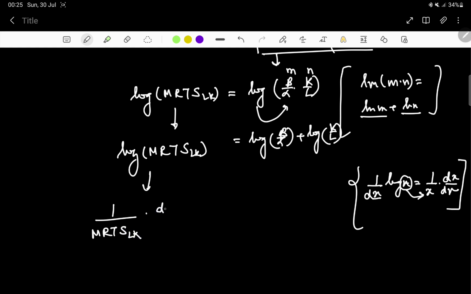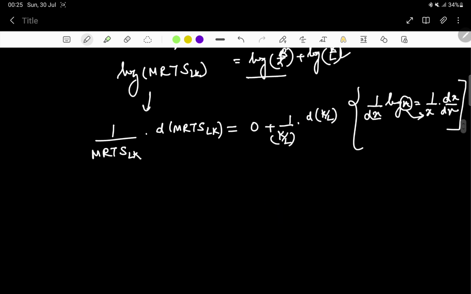into d MRTS LK is equal to, if we go to the right hand side, since it is a constant, its differentiation is 0, and for the other term we get 1 upon K by L into d of K by L. Now since we have solved up to this, this is our LHS and this is our RHS.